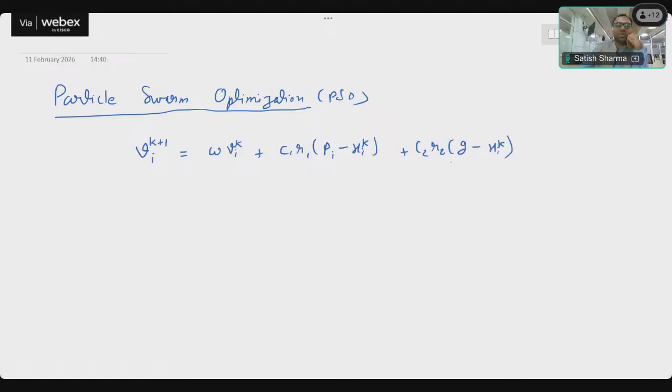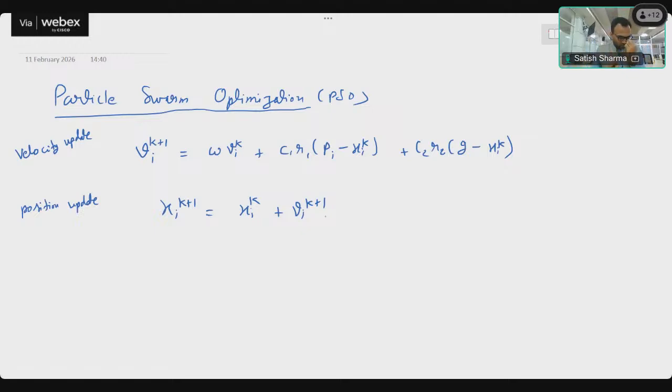So this is one formula, and this is generally called velocity update. Another formula is position update. Position update is simple: x_i^(k+1) will be the current x plus the velocity of k plus 1. So these are the two formulas the PSO function utilizes.